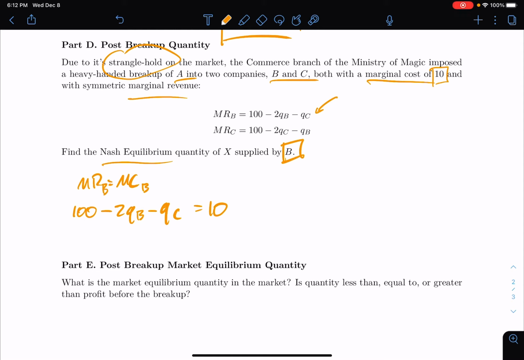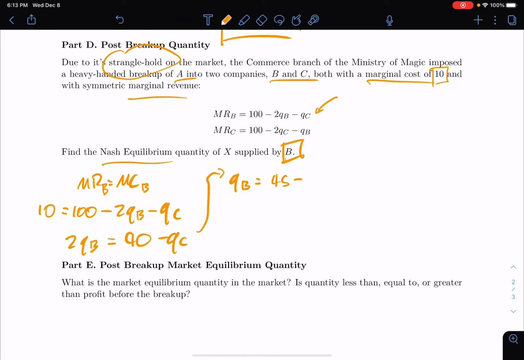So 2QB is equal to 90 minus QC, and then we'll divide both sides by 2. So we have QB is equal to 45 minus 1/2 QC.